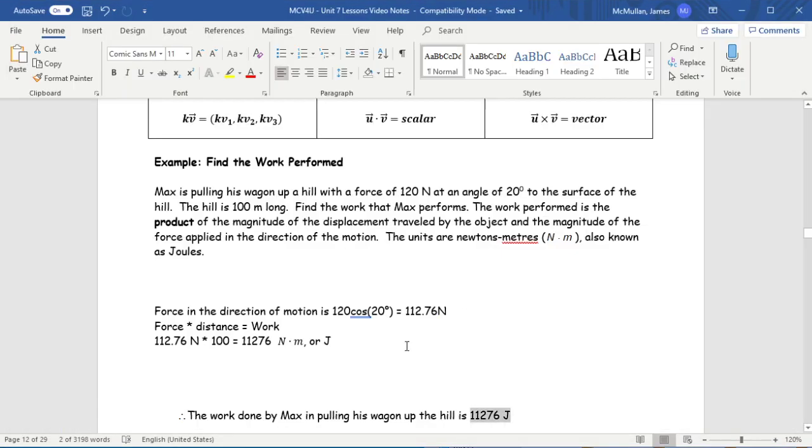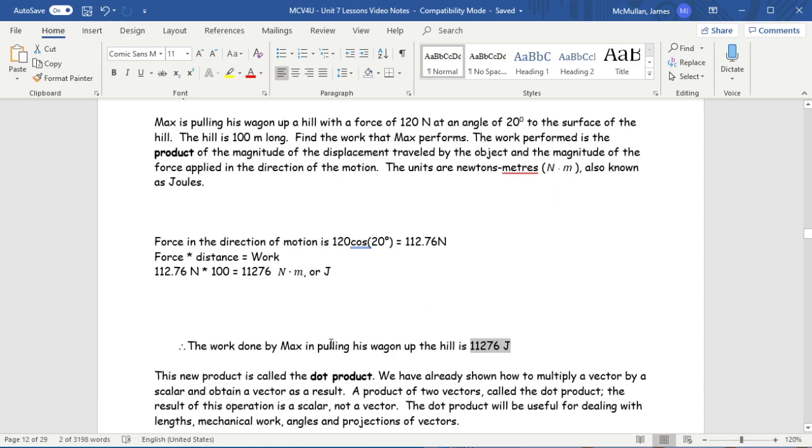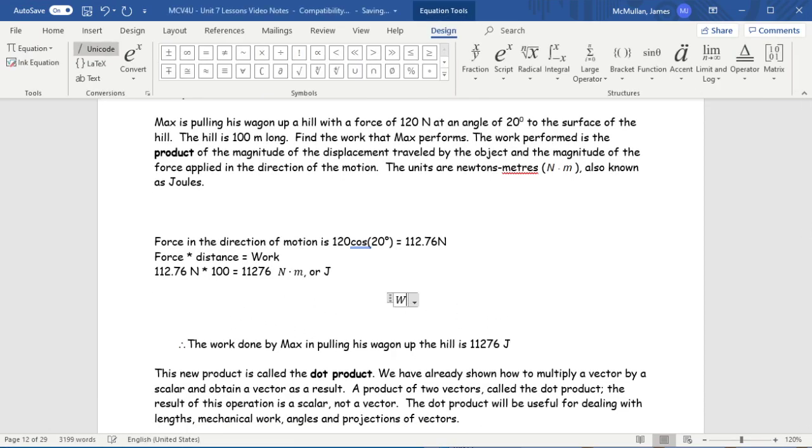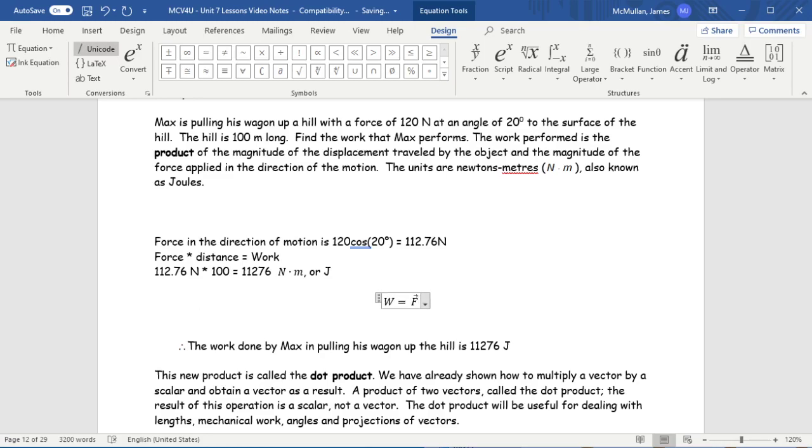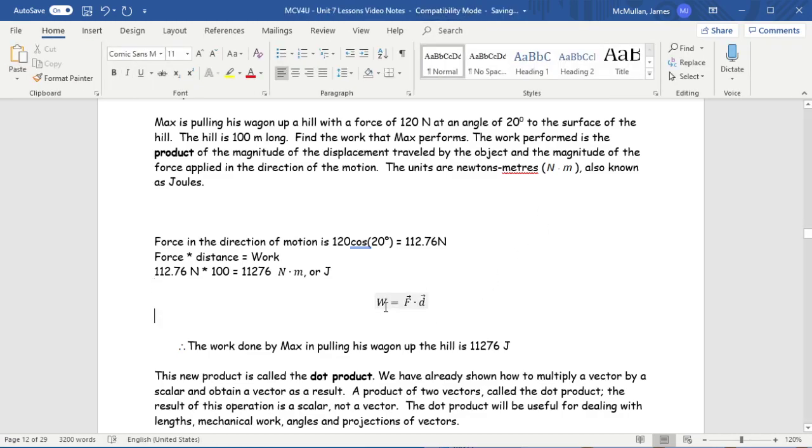So the first thing that the dot product is good for is we can say the work done is equal to the force vector F dot the D vector. And the work done is not a vector.